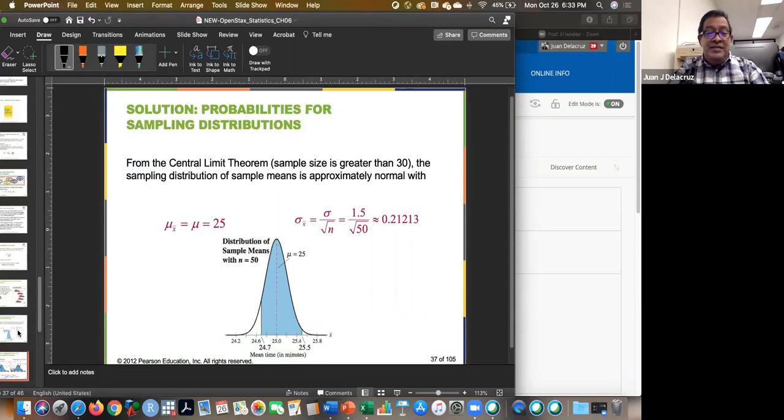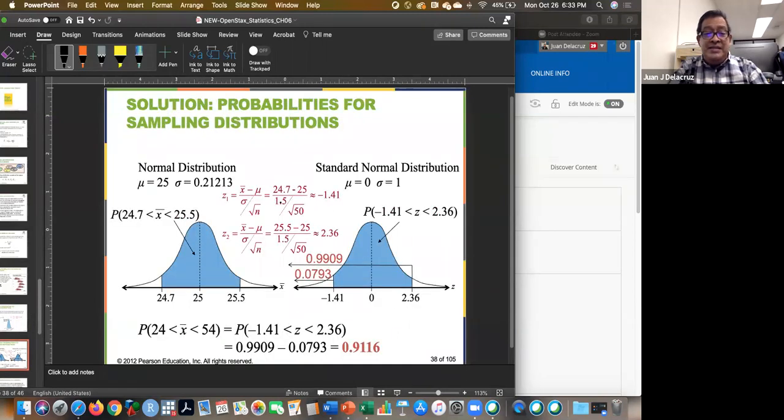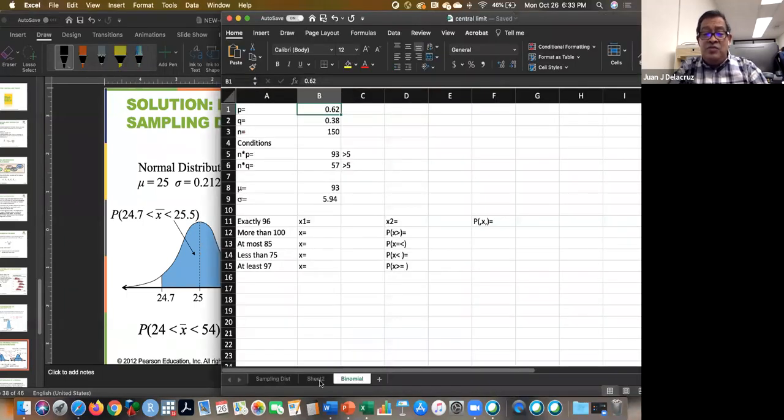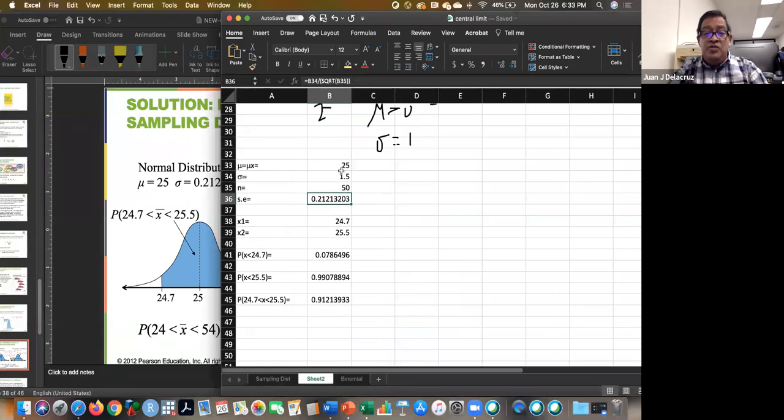So we did it. We computed the Z-score for these two. According to this, we computed the Z-score, and then we found the area to the left. In our case, we don't have to do that because we already computed it. So here, all I need is the mean of the sample means, which happens to be the population mean.